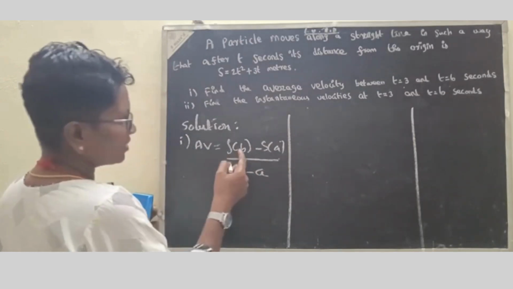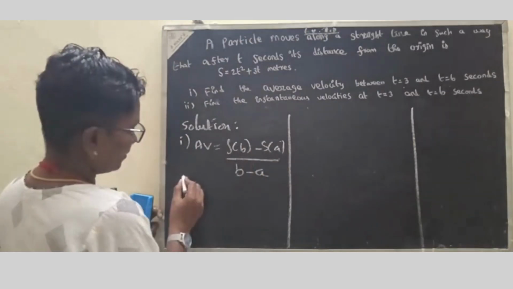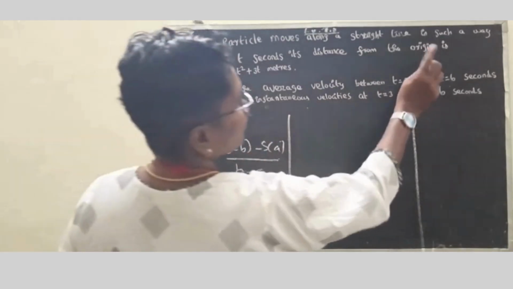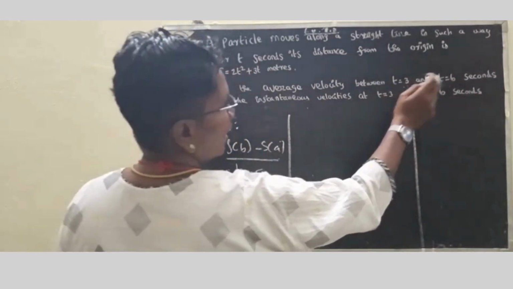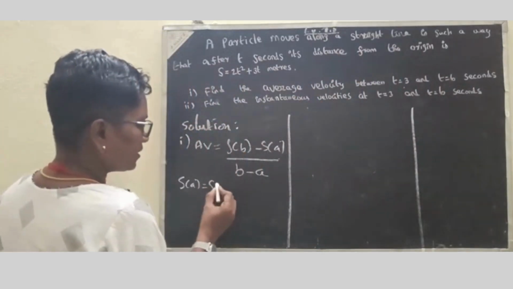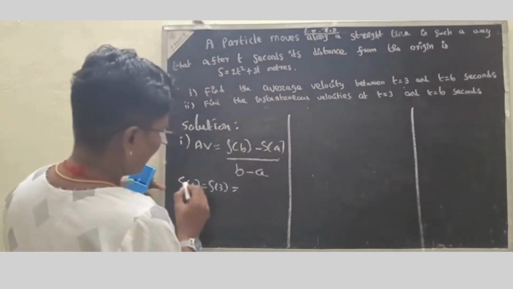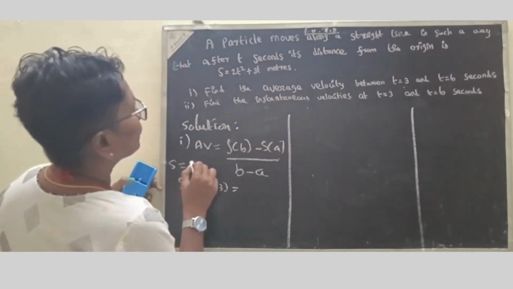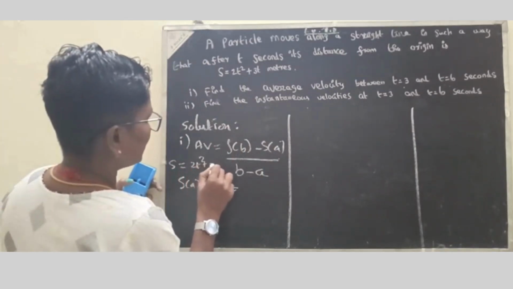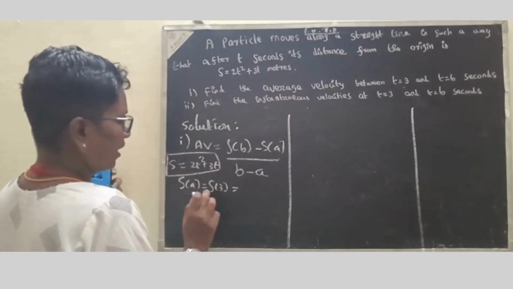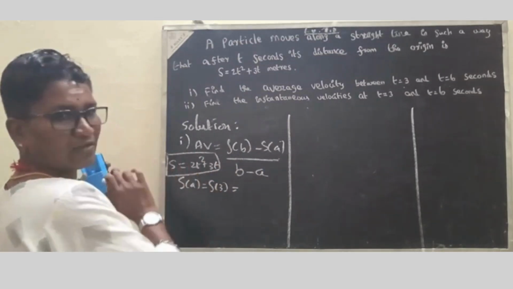First find s(a), which is s(3), for t = 3 and t = 6. This is a and this is b. So s(3): substitute t = 3 in s = 2t² + 3t.